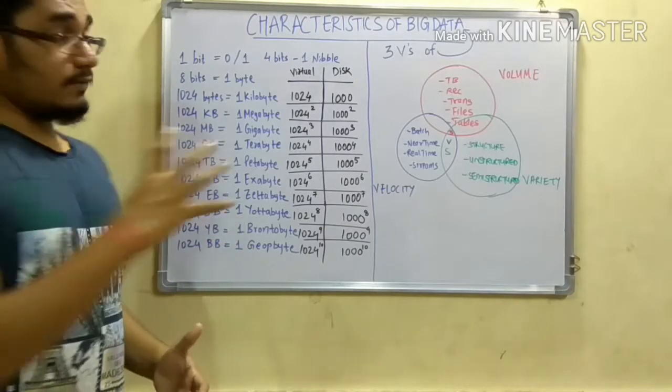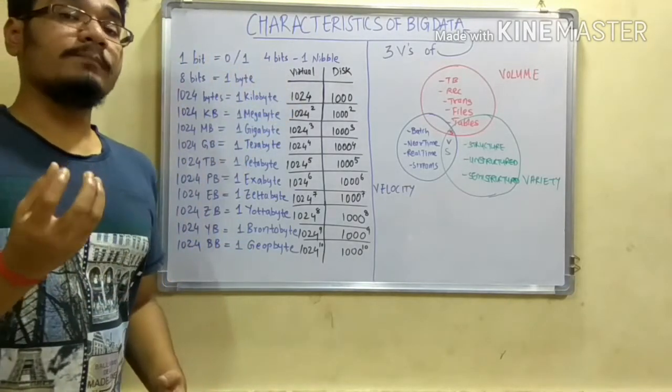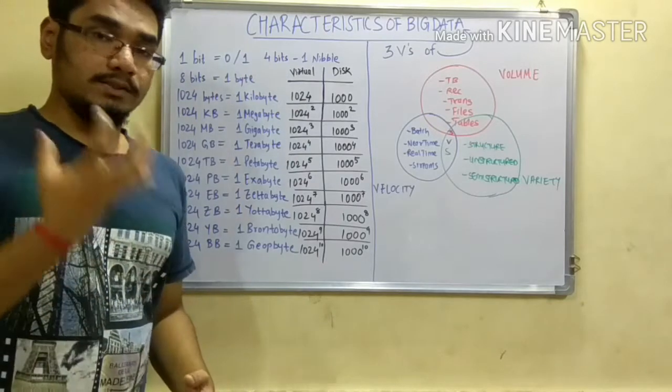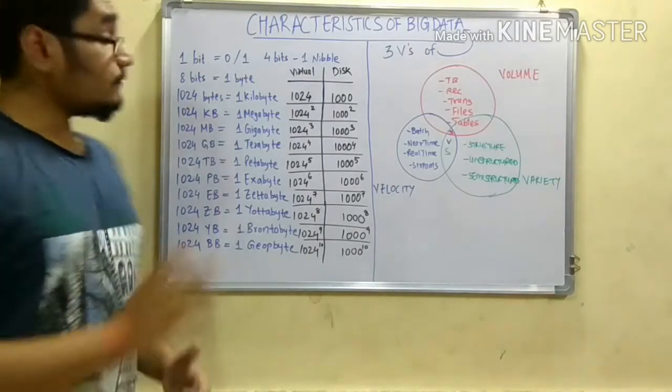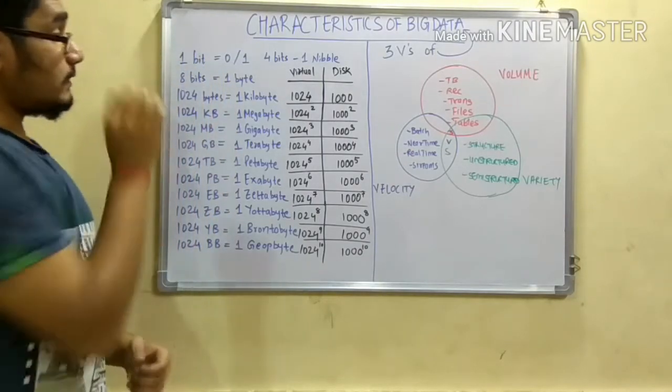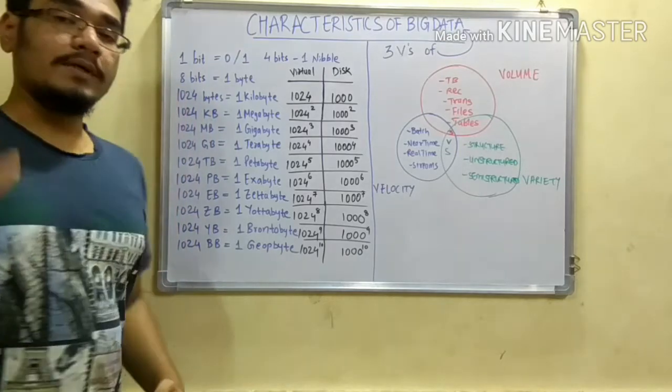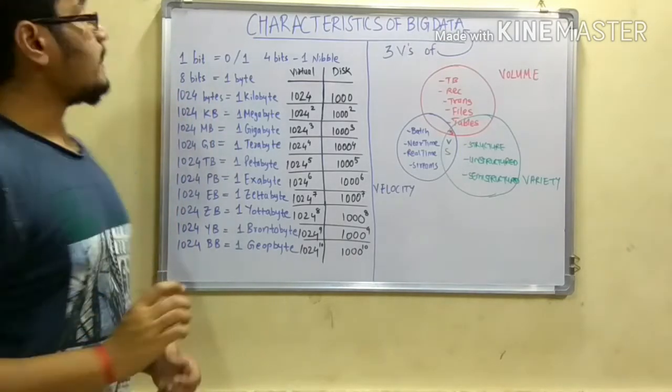Let us start with the details of how these bits and bytes are measured. Let us start with 1 bit. 1 bit stands for a 0 or 1 representation in binary format.